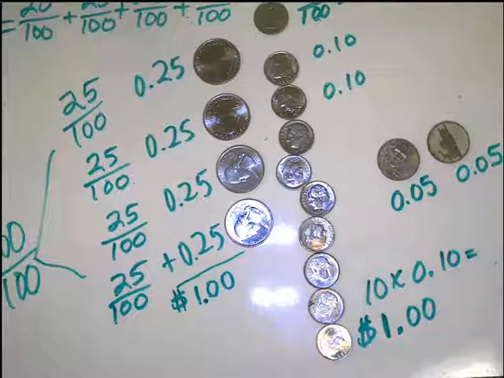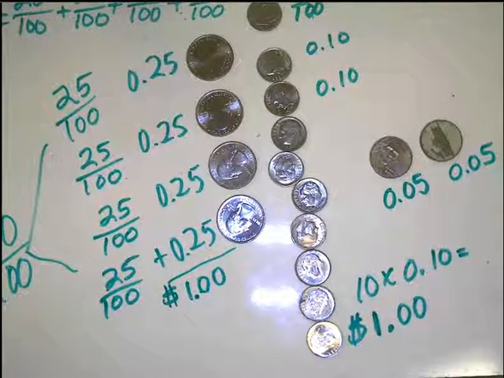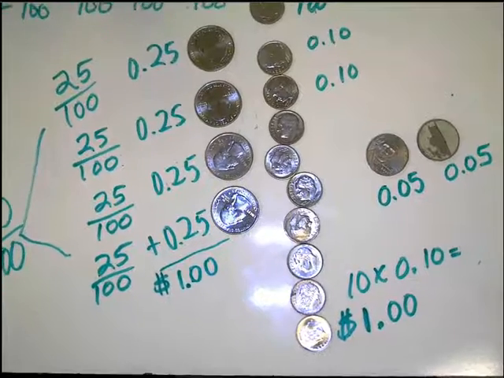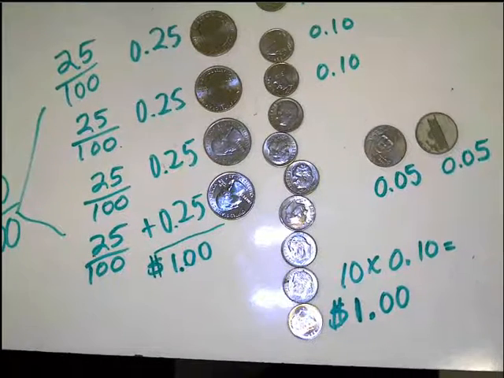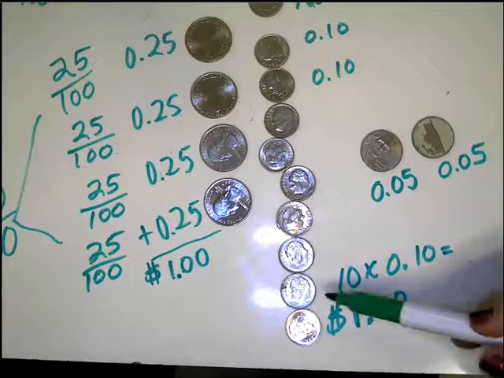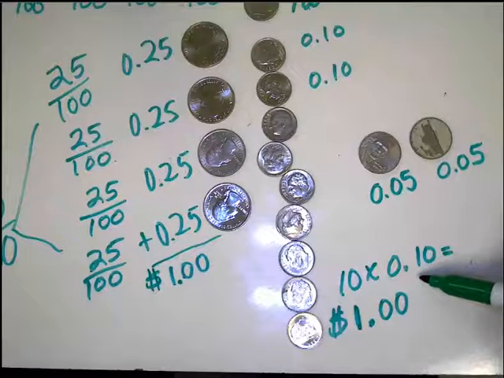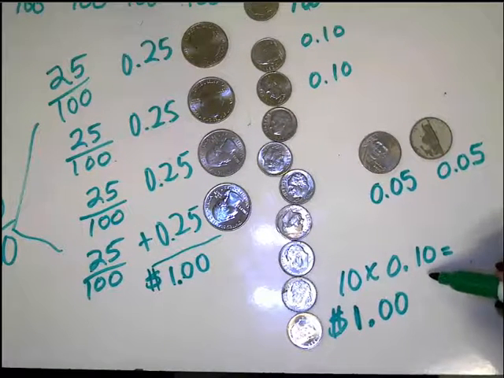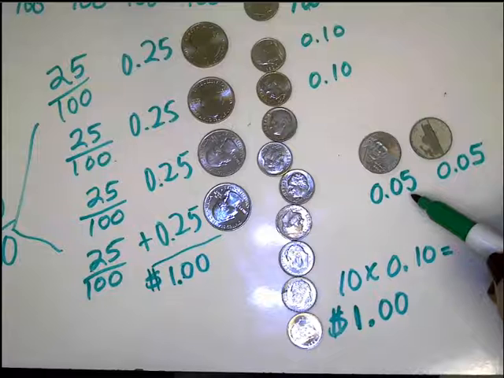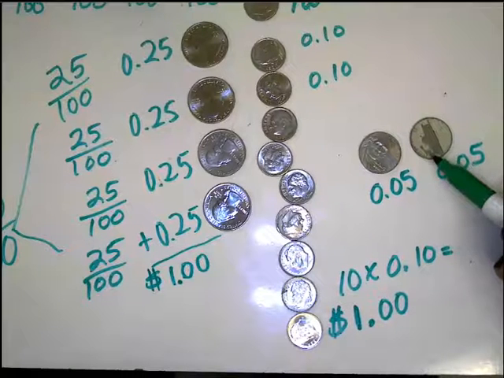So how many nickels is it going to take to equal one whole dollar? Think about it. It took 10 dimes that are 10 hundredths value. Now you're looking at 5 hundredths value. How many is it going to take to make one whole dollar?